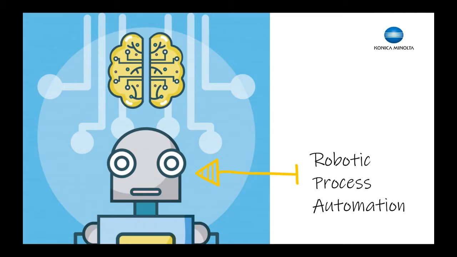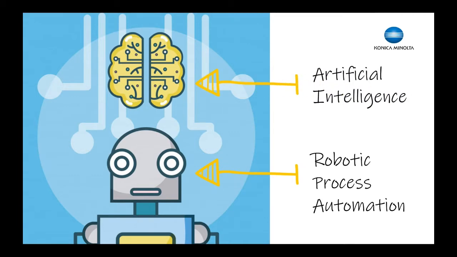Now, RPA is often associated with another automation technology you've definitely heard something about recently. AI is more of a technology typically used to analyze data and create insights or make decisions autonomously where possible, usually only after quite a lot of training. When AI and RPA are mentioned together, AI is often referred to as the brain, the one making the decisions, and RPA as the arms and legs, the thing that turns those decisions into actions.